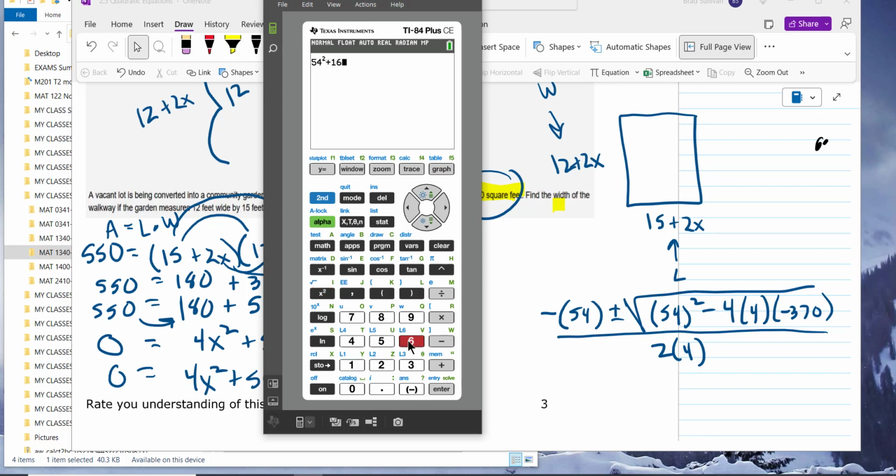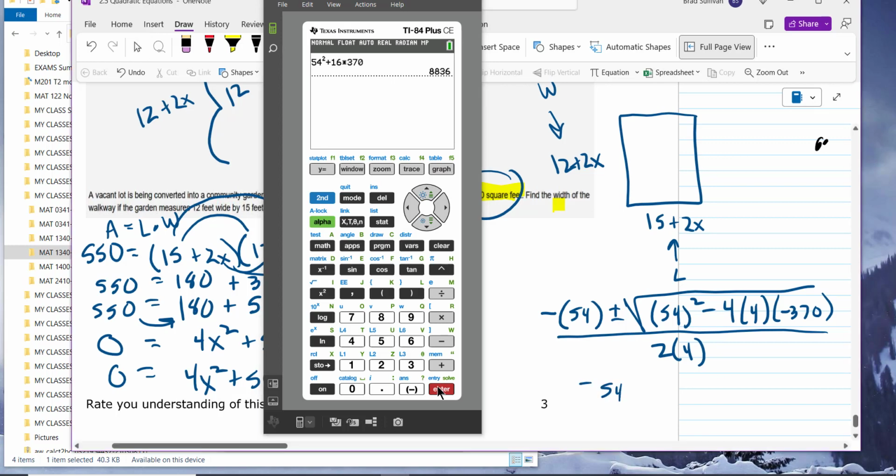I'll do that in my head. And then times 370. And that'll give me a number, 8,836. So what I'm getting is negative 54 plus or minus square root of 8,836 all over 8. Okay?